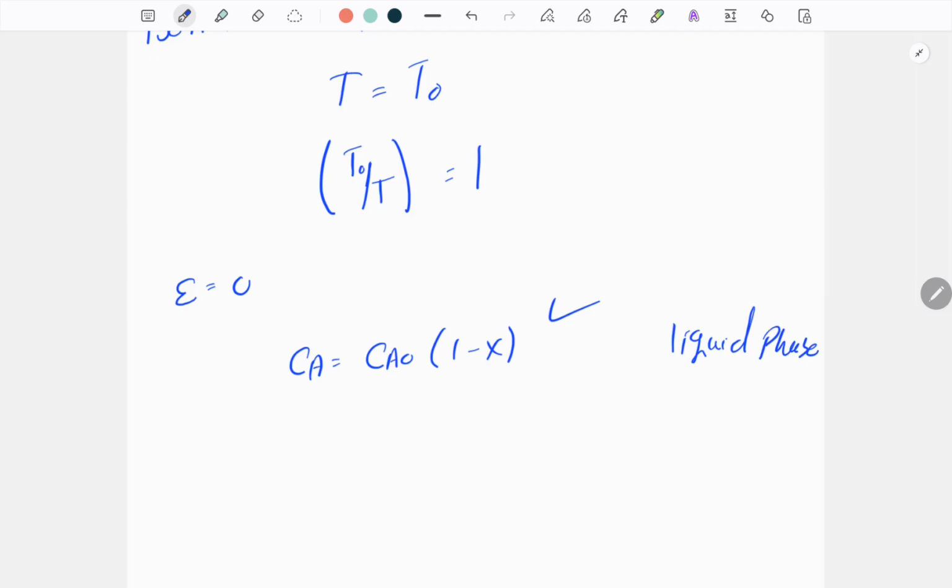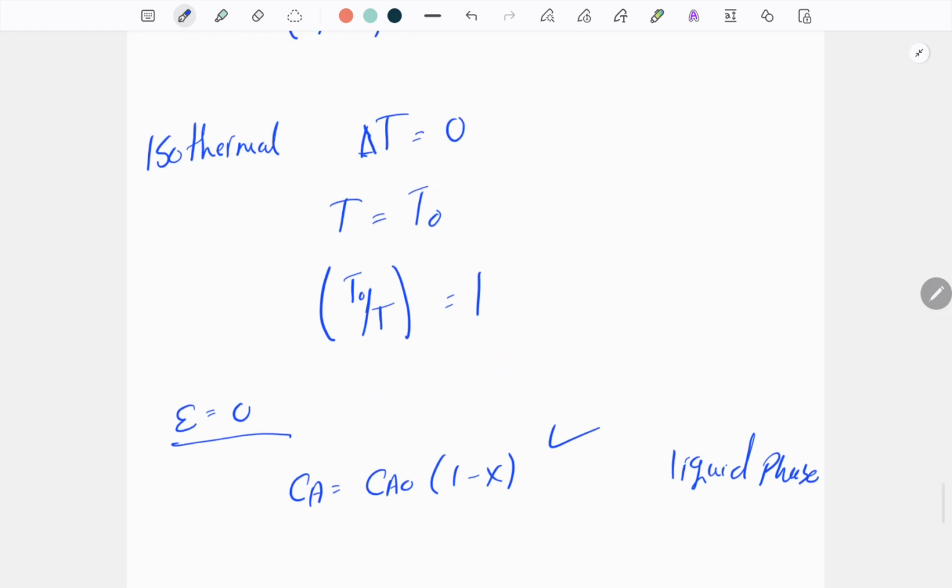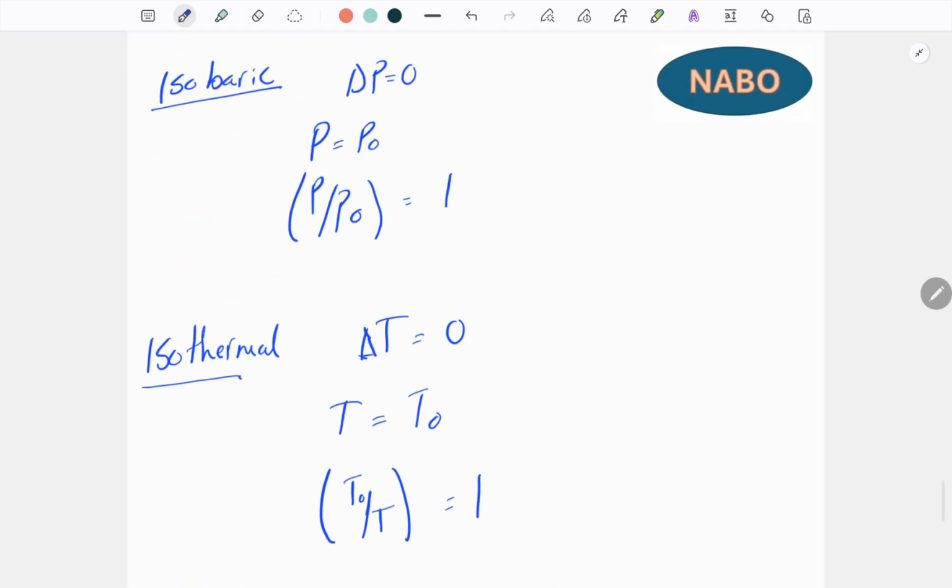But in most gas phases, that's not the case. The reaction is not equimolar, therefore epsilon does not equal 0. There is a change in temperature, and there is a change in pressure.